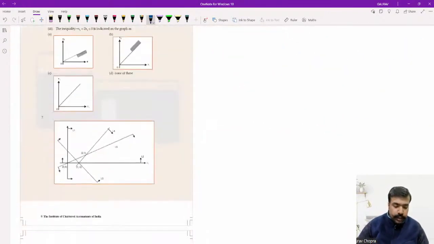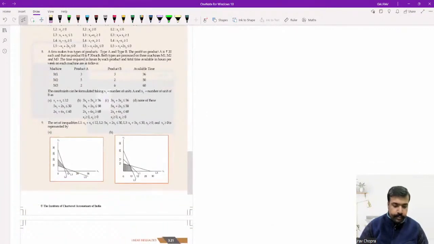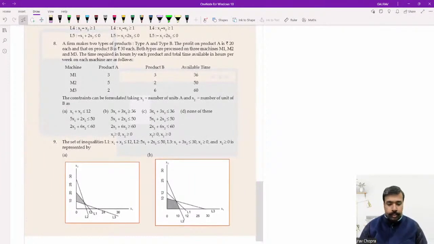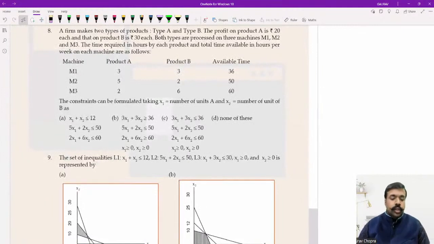Now let us take a different one, if any. Now all these questions are almost similar. Let us try the question number 8. A firm makes two types of products, type A and type B. The profit from A is rupees 20 each unit, and for B it is rupees 30 per unit.